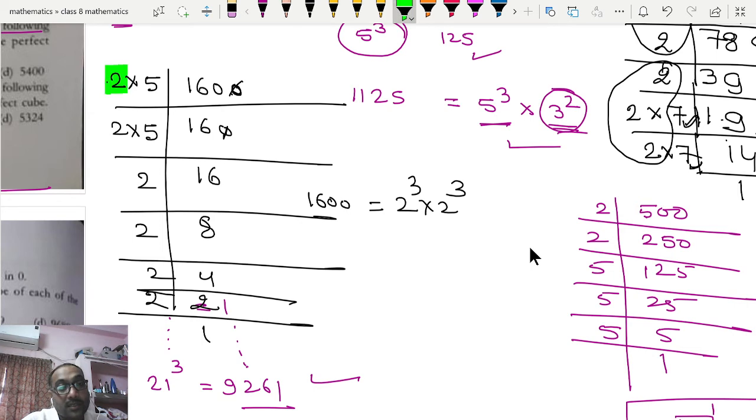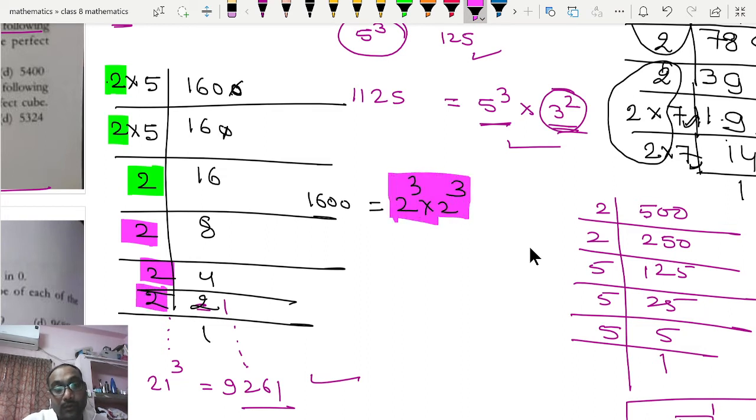How can you say? See, 1 2 3, again 1 2 3. So here it is 2 cube and 2 cube, and there is only 2 times 5, 5 square. So if you remove this 5 square, this will be a perfect cube.